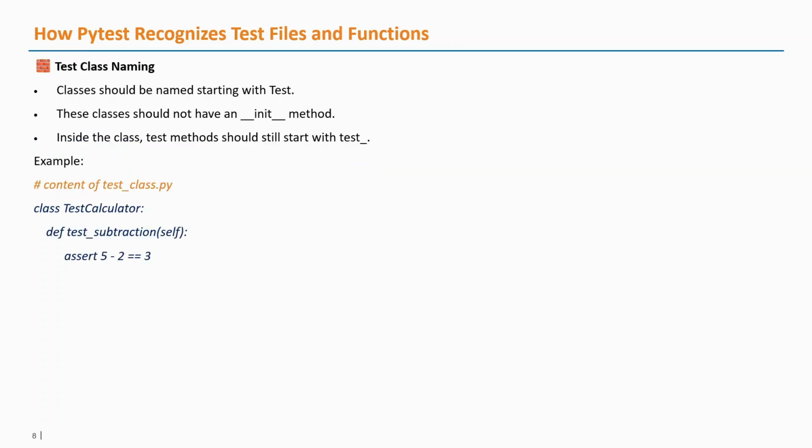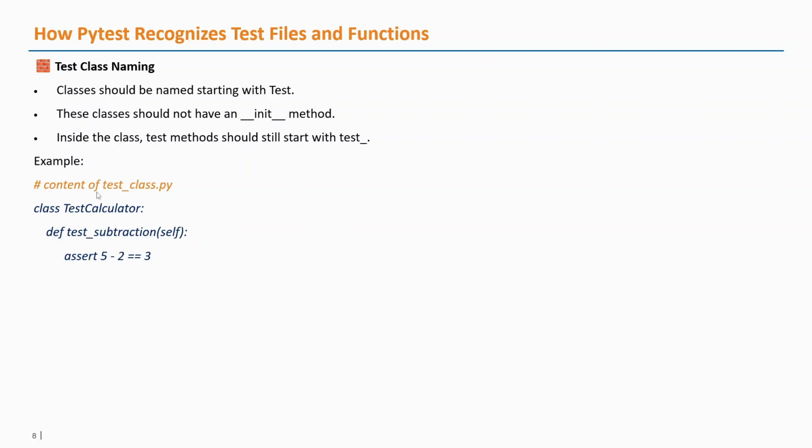In case you are using a test class inside the test file, then classes should be named starting with Test, for example, TestCalculator, and the T should be capital. And these classes should not have any init method. You should not have any constructors inside. And inside the class, test methods should always start with test_.